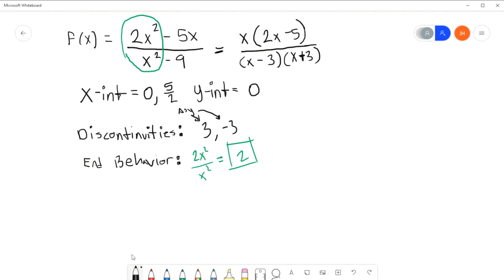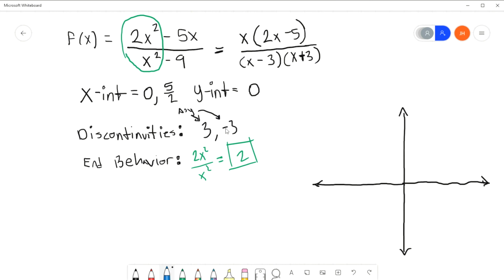Now let's look at how this all graphs together, right? How do I graph this all? Let's create an XY axis, trying to be careful to make it clean. That's clean enough. That'll do. All right, so let's plot out some stuff.